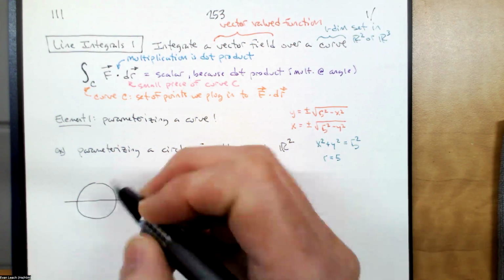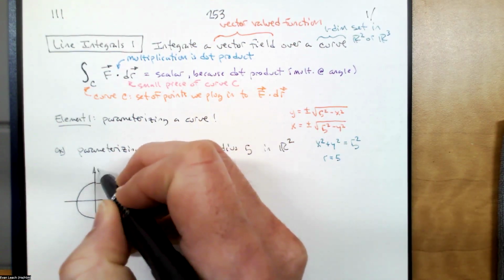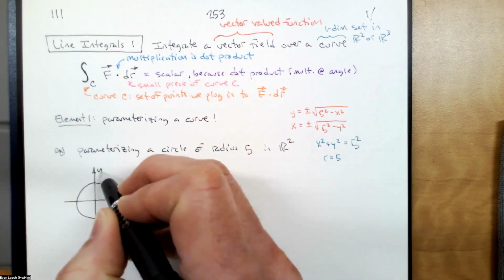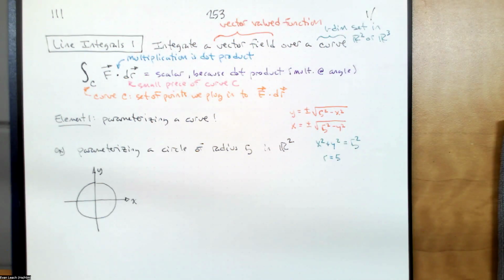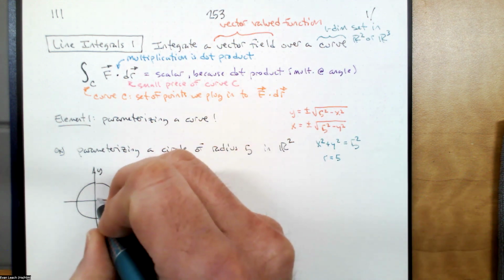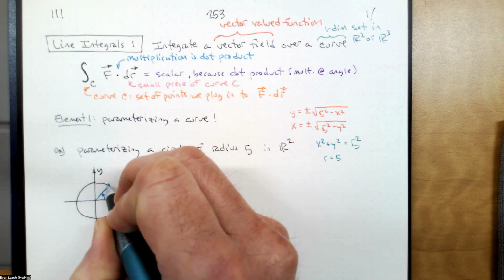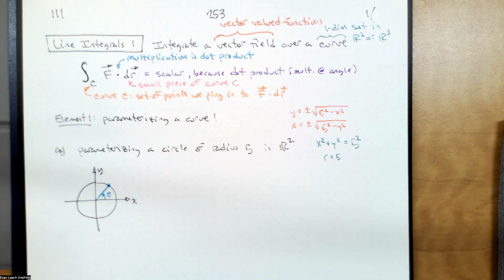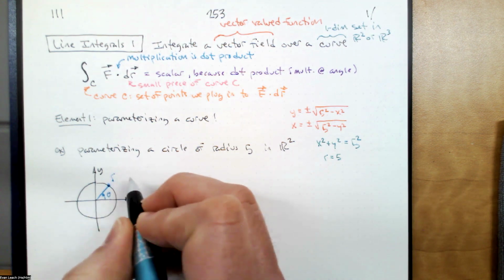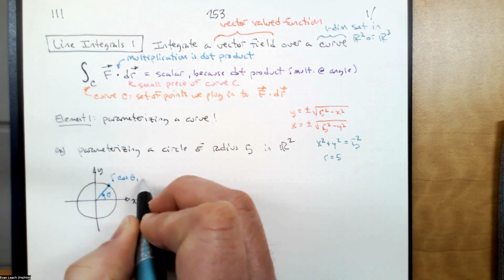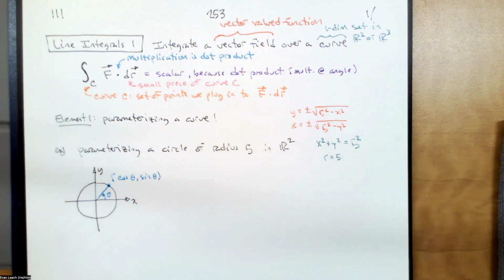If we think back to our trigonometry, at a point theta in standard position on a unit circle, the x coordinate is the cosine of theta, and the y coordinate is the sine of theta.